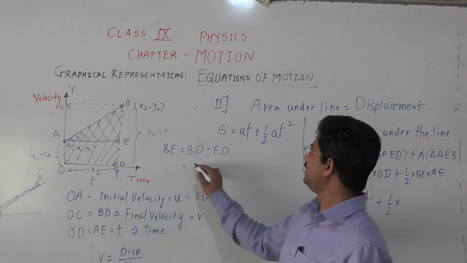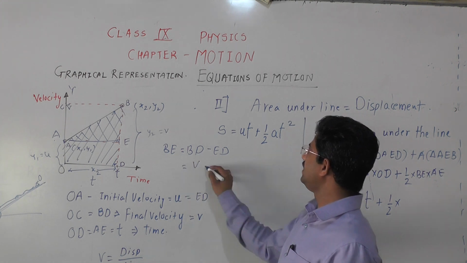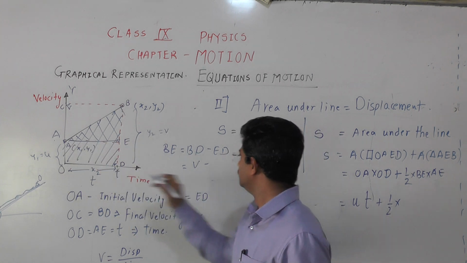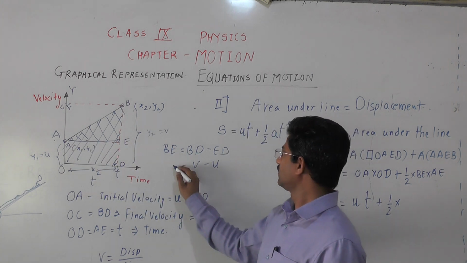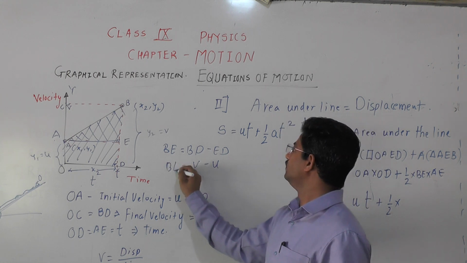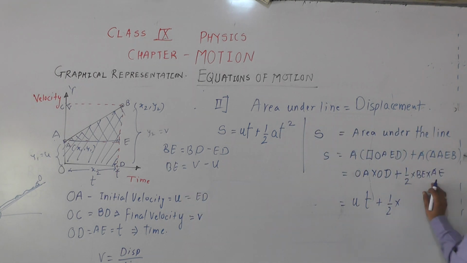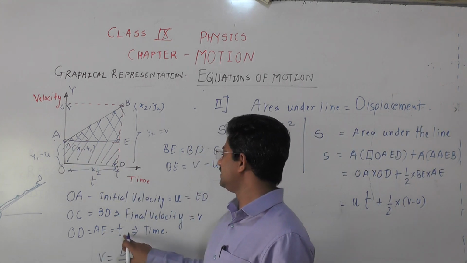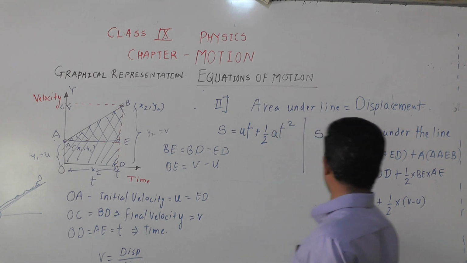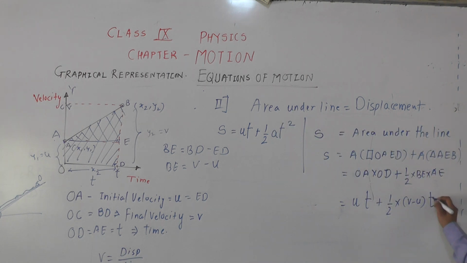But BD is v and ED is u. So BE is v minus u. Substituting this value in our expression for the area of the triangle, BE as v minus u. Now what is AE? AE is equivalent to OD, which is nothing but time. So here we substitute AE as t.